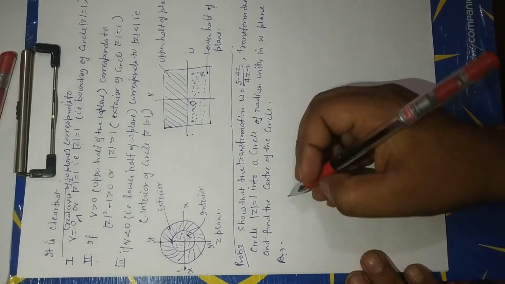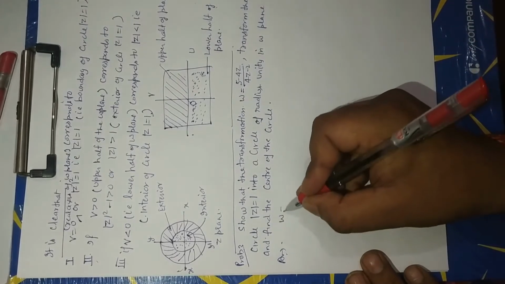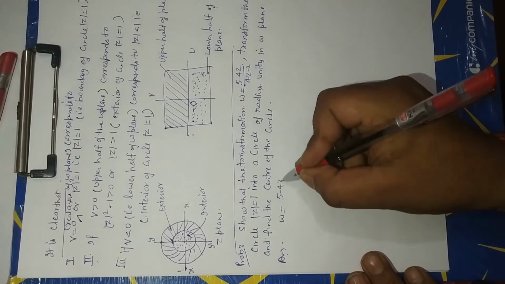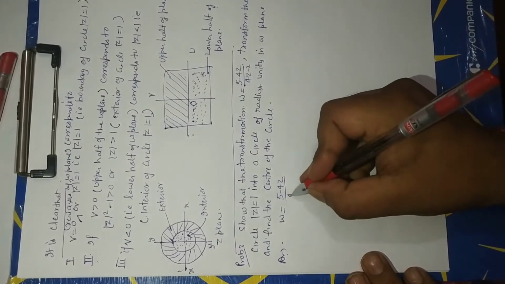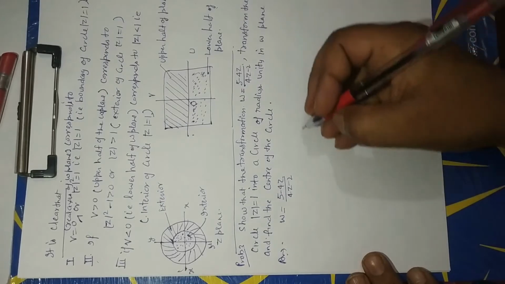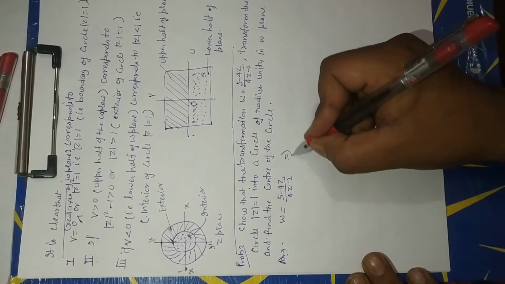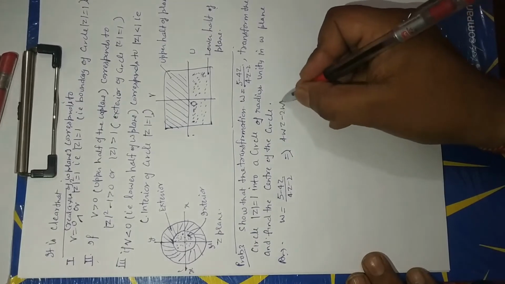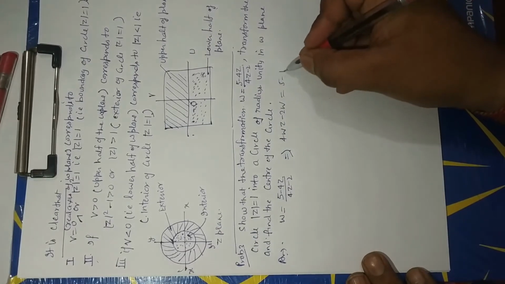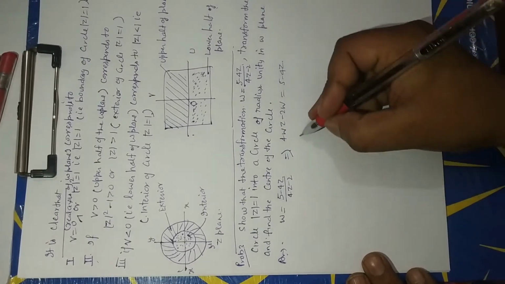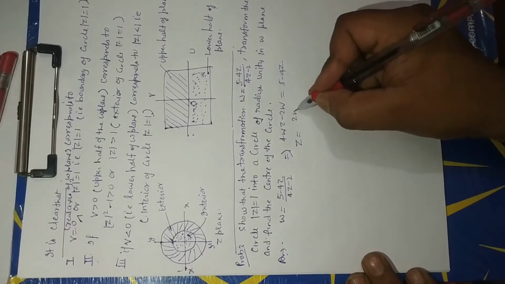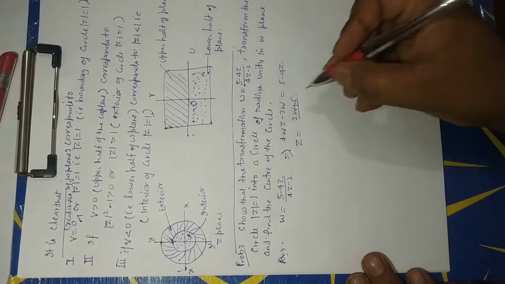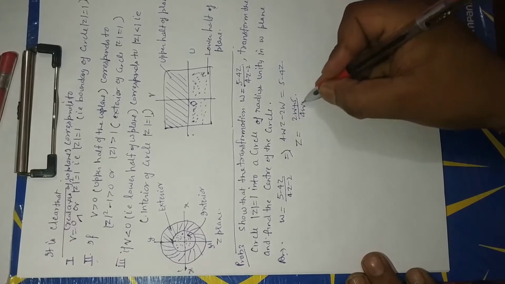Now, given transformation W equals (5 minus 4z) upon (4z minus 2). Cross multiply: 4Wz minus 2W equals 5 minus 4z, that is z equals (2W plus 5) upon (4W plus 4).